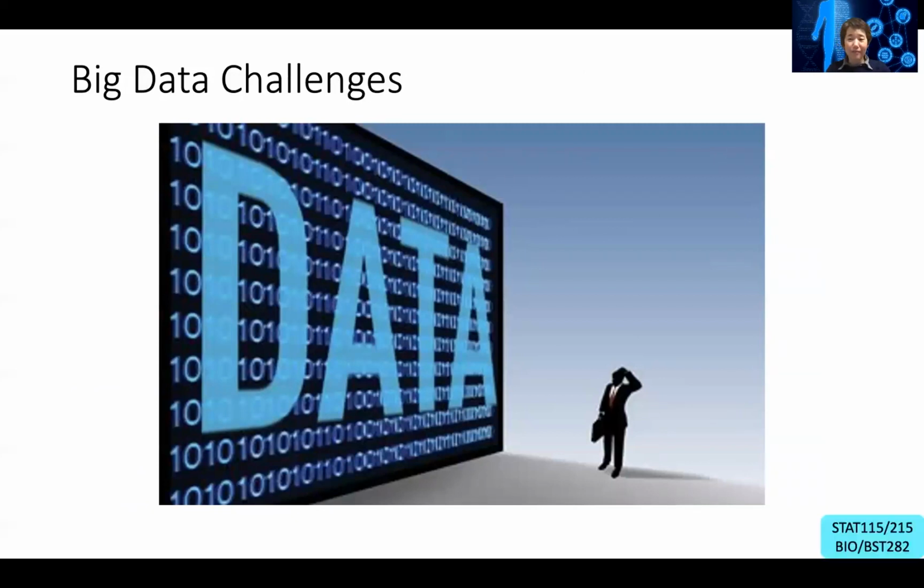That's a big motivation for biologists to learn more computational biology, and it also gives a very interesting opportunity for computer scientists, statisticians, physicists, and engineers to develop computational solutions to solve this big data challenge in biology and medicine.